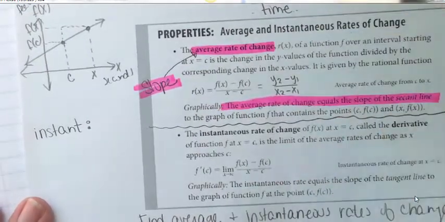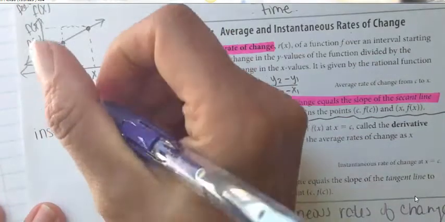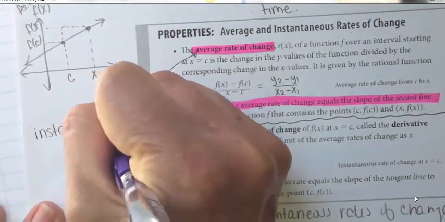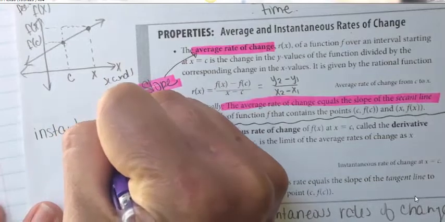One instant is right now. Like it just happened. The instant just occurred. So there is no change in time in an instant, right? You can think of it as like 0 seconds.